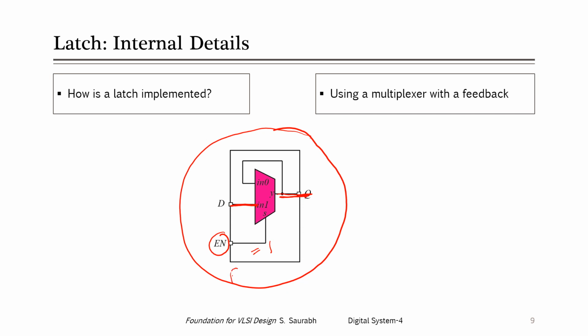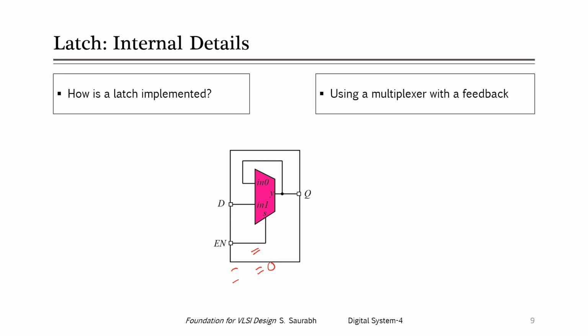And whenever enable is equal to 0, then whatever was at the Q pin is being selected and recirculated to the output, meaning that it will remain in that particular state.